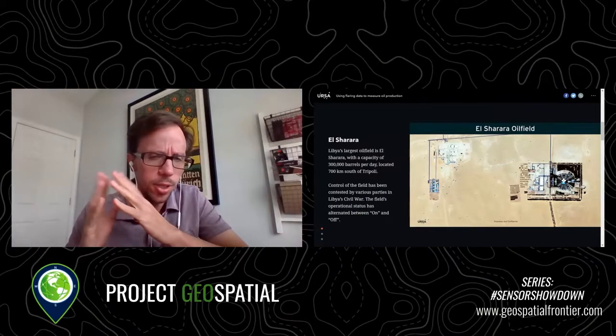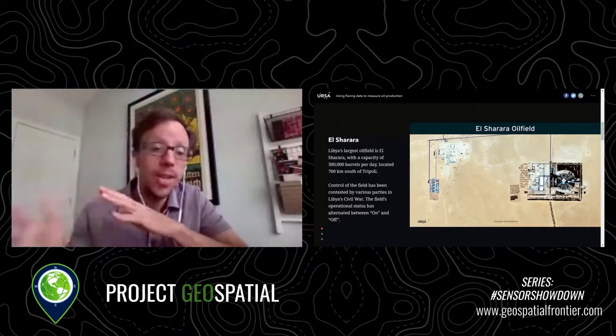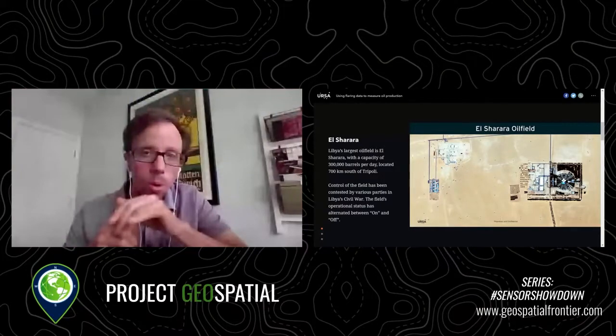There's a civil war going on, and in a lot of cases, fields have been shut because some groups have taken control of the field from the state-owned oil company. What you're looking at here is a picture of part of the El Sharara oil field, Libya's largest oil field.